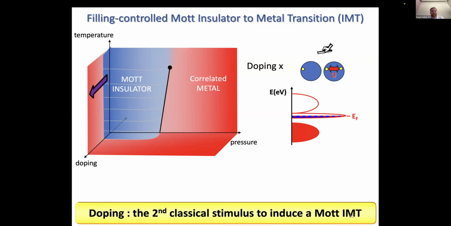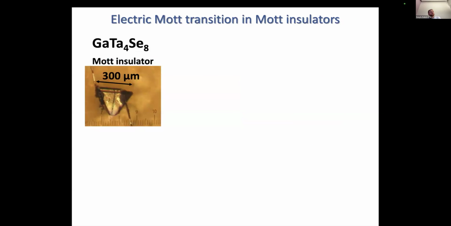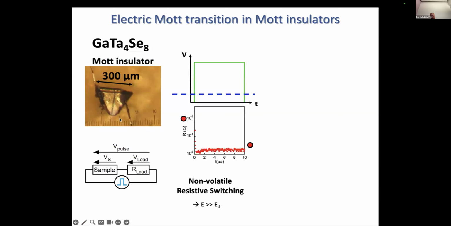So I would suggest a second, different way, which was suggested by my group: to apply an electric field. Here you can see a gallium tantalum selenide Mott insulator, a simple crystal connected by two electrodes, via which you can apply an electric pulse. Quite rapidly, in a non-volatile resistive switching regime, you are able to switch the resistivity of your sample from a high to a low resistivity state.